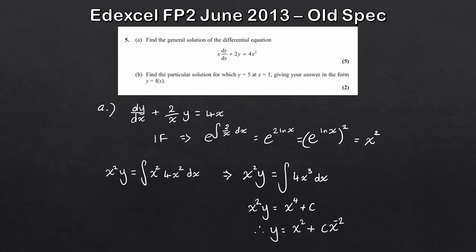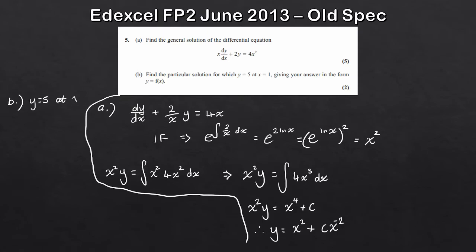And then part B, I'm just going to do it over here so we can see the actual general solution on the screen. Part B asks us to find a particular solution for which y is equal to 5 when x equals 1. Well, all I've got to do is literally sub those values into my general solution. So 5 is equal to 1 squared, so 1, plus c over 1 squared, so that'll just be c over 1.